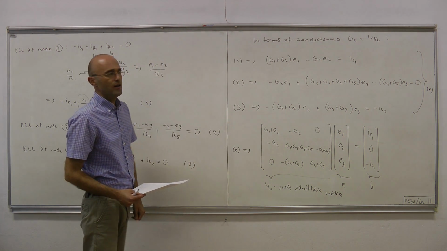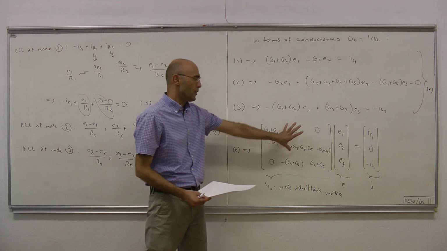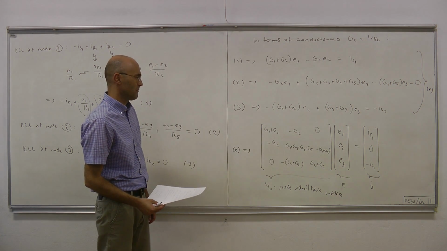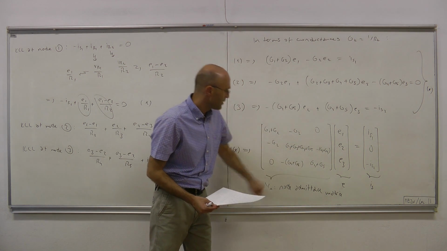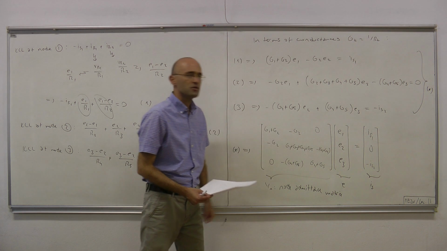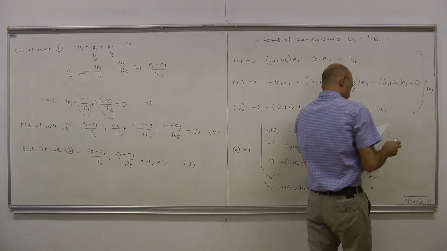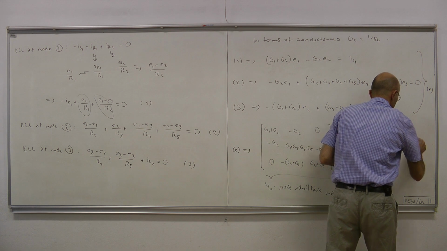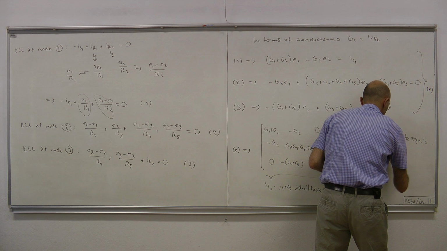Since we have followed the convention, this node admittance matrix turned out to be symmetric. Minus G2 in this term, and the same, and 0, 0, and so on. And this is called node equations in matrix form.